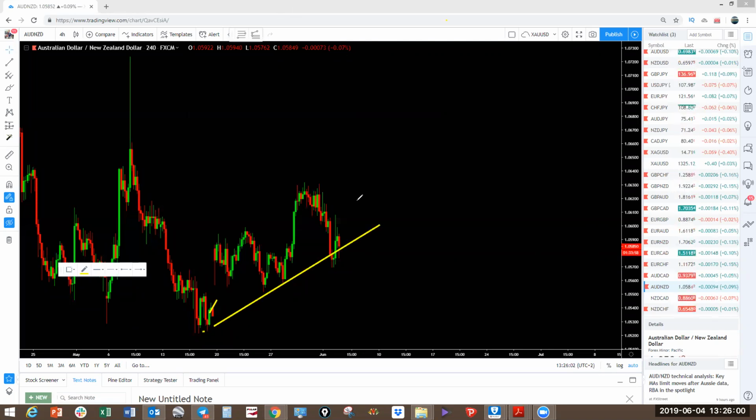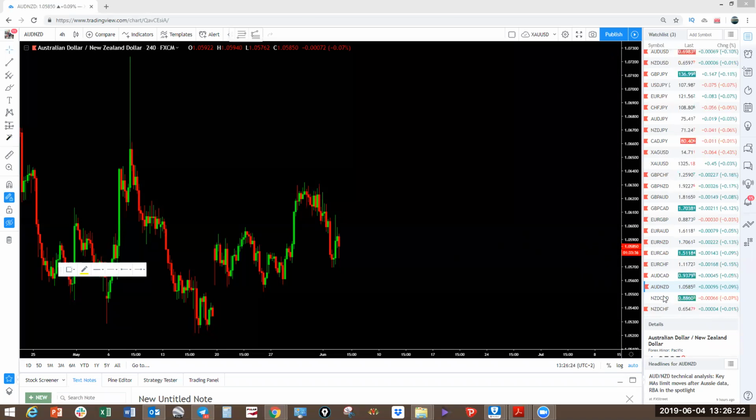So you're looking for a corrective structure. All right, so let it be a clear corrective structure if you're going to take it down. You should have taken it up there. That's when we looked at that one. That's Aussie New Zealand.